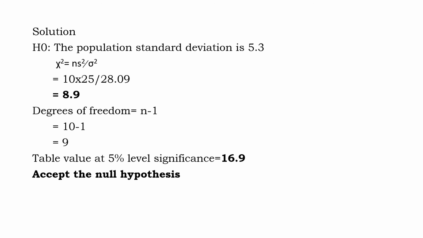In the test of homogeneity, you are testing whether one particular categorical variable is similar in two or more samples. And in testing population variance, you are testing whether a particular value is a population variance, and you are accepting or rejecting the null hypothesis.